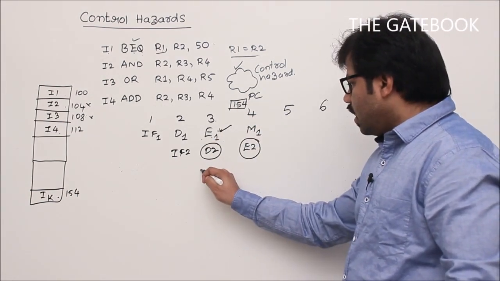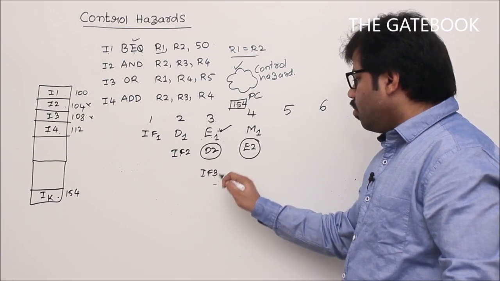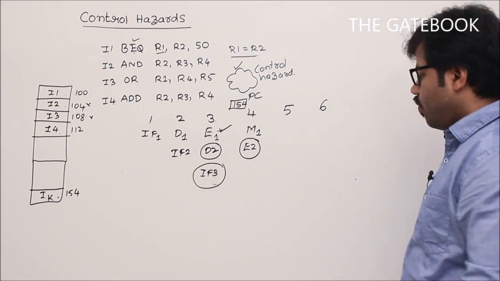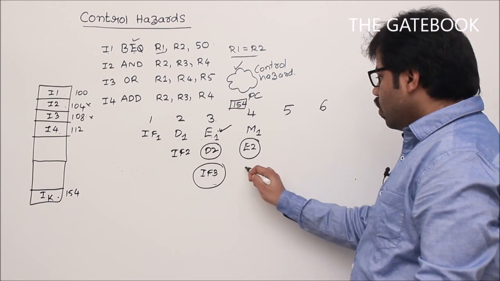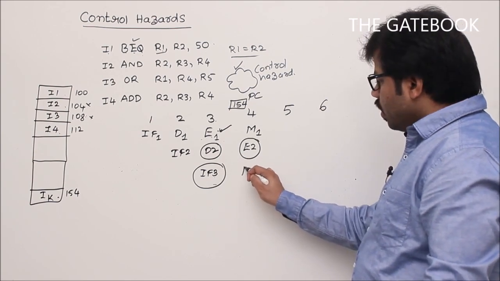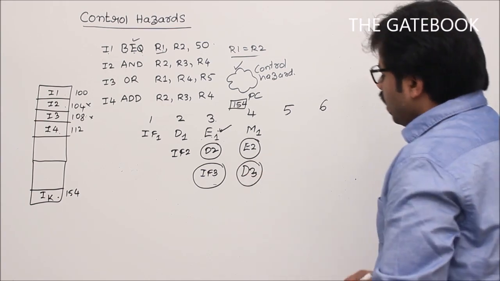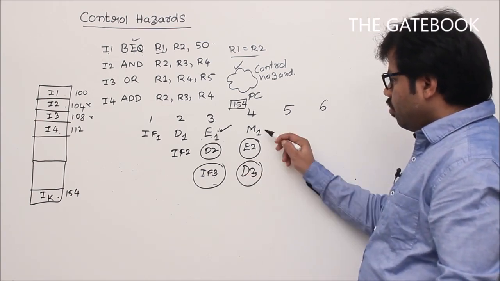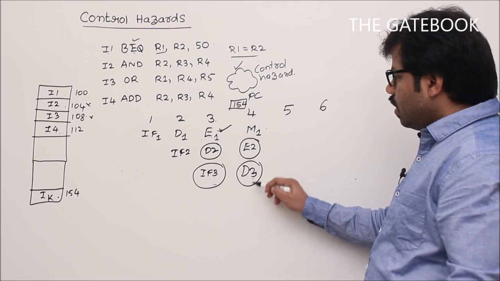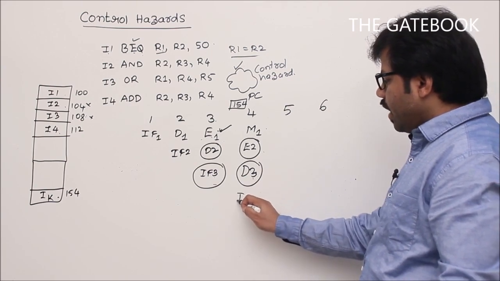Now in the third clock cycle we fetched the third instruction, but we made it nullified, that means we made the instruction 0, so that there is no decode effect. If you decode also there is no problem. In the fourth clock cycle, see, memory, execution, decode. In the fourth clock cycle, which thing will be executing?